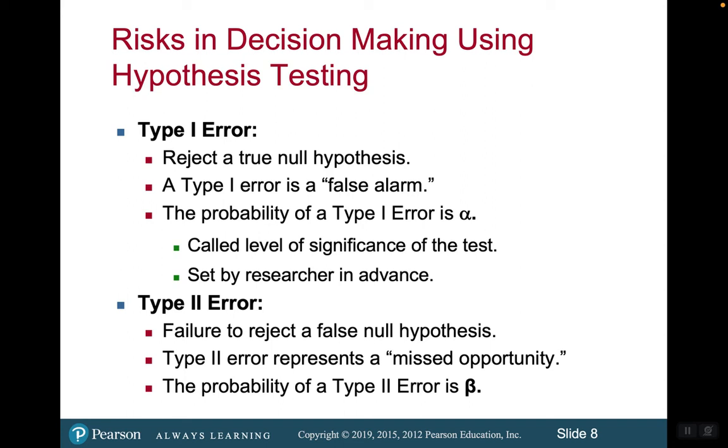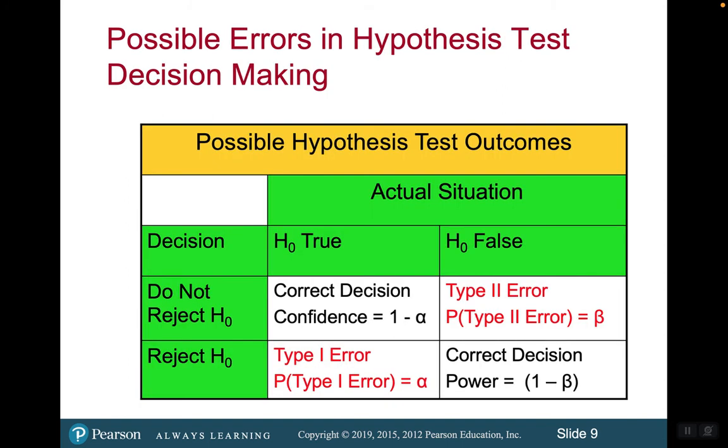We also associate a probability with a type 2 error. We identify that and call that out as well. Okay, so we have a chart here. If we look at our chart, we have different test outcomes.